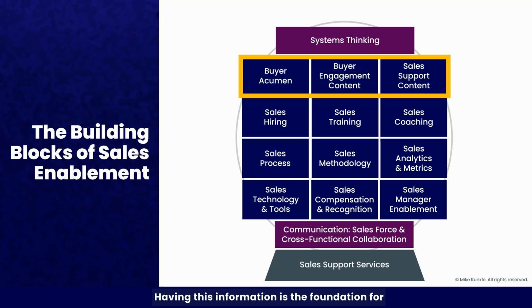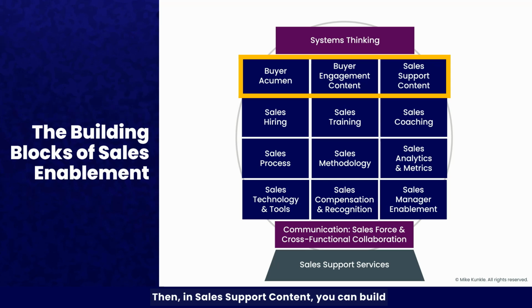Having this information is the foundation for everything your sales force needs to do and everything else we do as enablers. To continue in this row of blocks, buyer acumen allows you to create buyer engagement content to attract the right buyers to you based on the problems that they have that you solve or the opportunities they face that you enable, and helps them make good decisions at each stage of their journey, eventually culminating in a purchase decision.